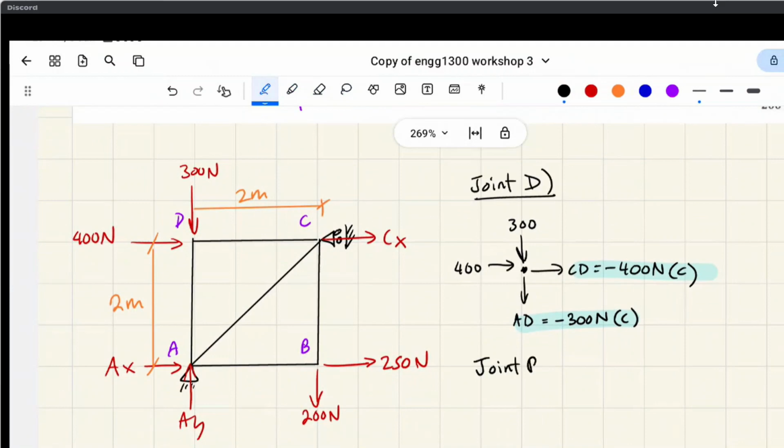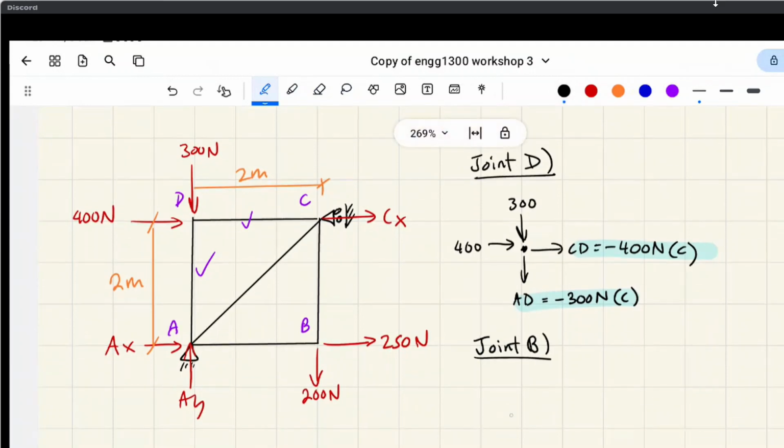Next we'll do joint B. So I've done that. Joint B set up like this, right? And same thing. BC, 200 newtons tension. These ones are in tension pretty much.